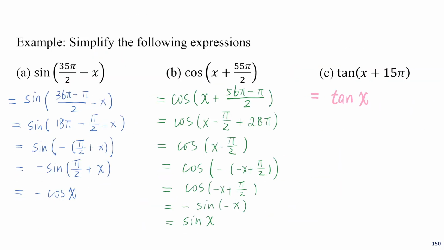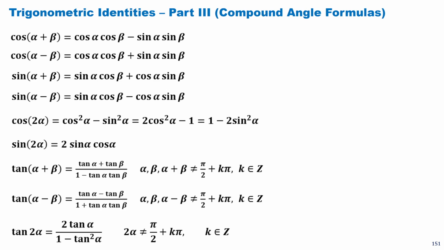And then the third set of identities is called compound angle formulas. Make sure you're able to evaluate cosine sum or difference, or sine sum or difference between 2 angles, and also the double angle formulas for sine, cosine, tangent, and compound angle formulas for tangent.